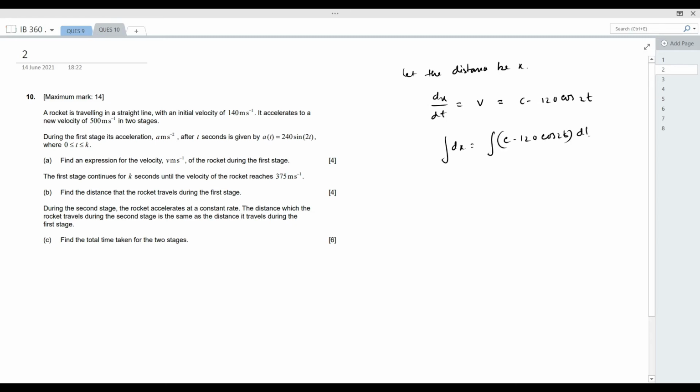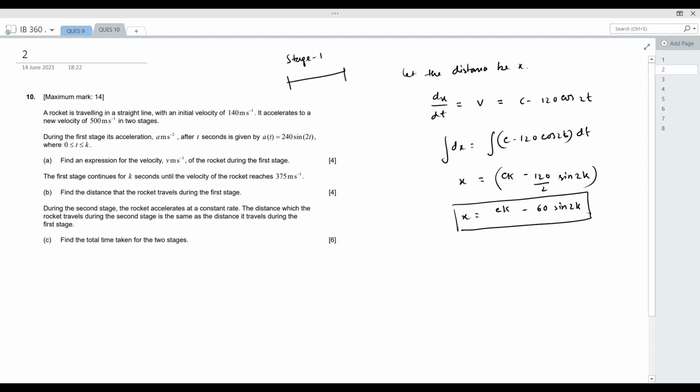From here we can find x to be ck minus 120 divided by 2 sin 2k. So x equals ck minus 60 sin 2k. This is the distance of stage 1.